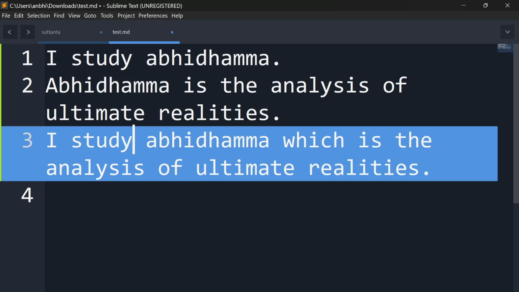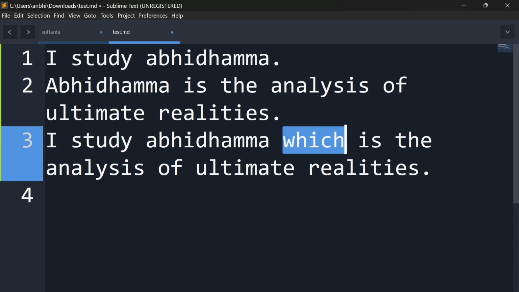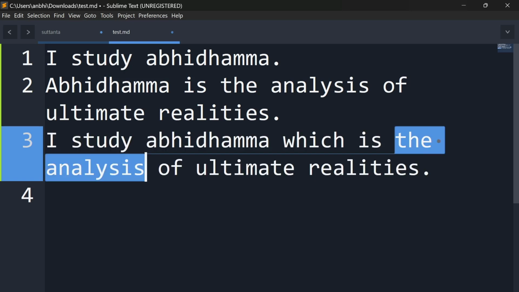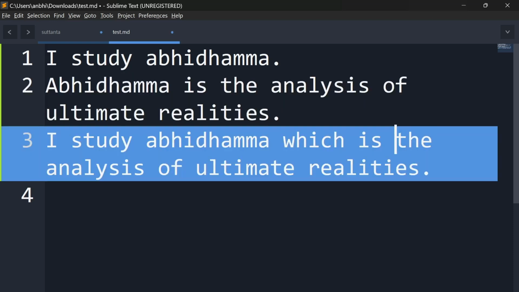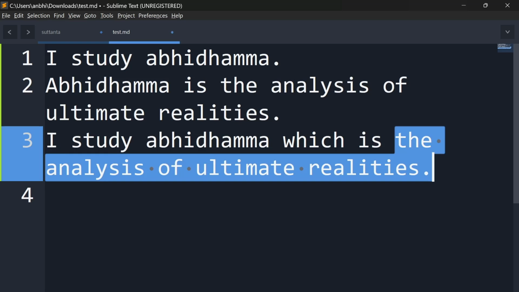Here: I study Abhidhamma, which is the analysis of ultimate realities, okay? Which is the subject of the second clause. Is is the verb, and now you have this complement. This is actually not an object. It's like a complement, okay? It just identifies the subject, not really an object, okay? But anyways, most important here is this which.